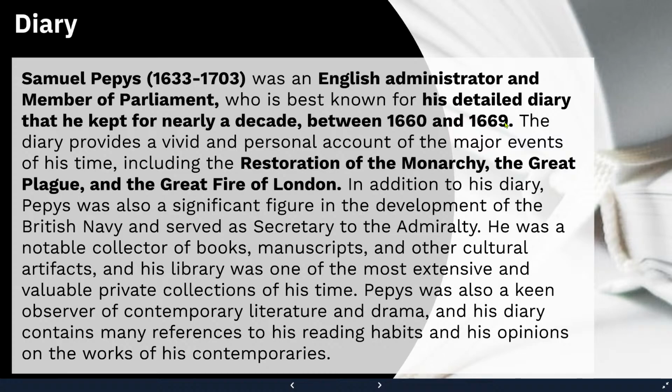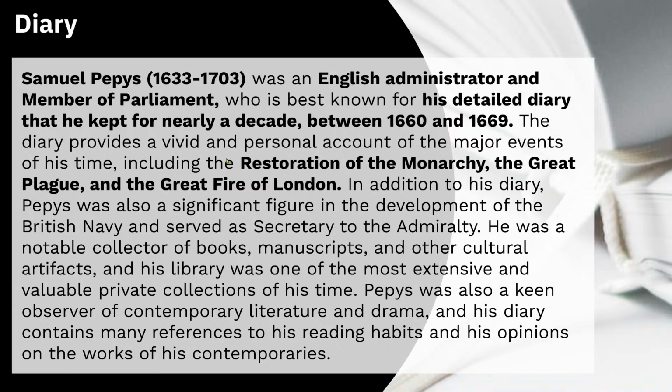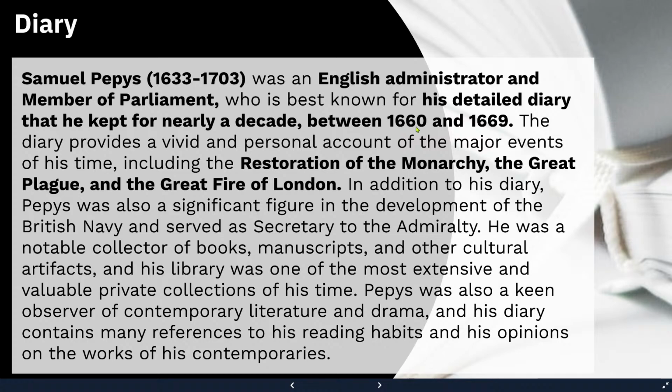It mentions his personal experiences, personal events, and commentary on every kind of event that happened during the time period 1660 to 1669. Some of the major events that he captured in his diary were the Restoration of the monarchy, the Great Plague, and the Great Fire of London.